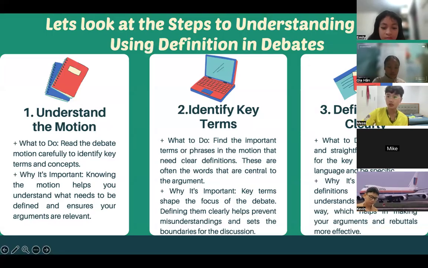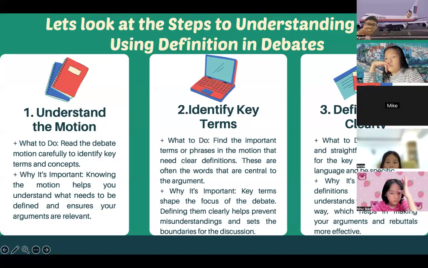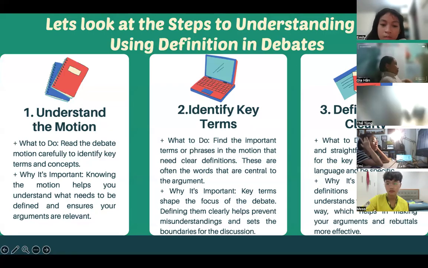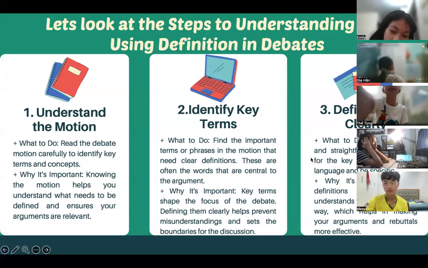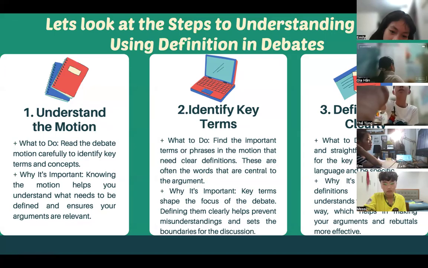Number 2, who wants to read number 2? Thế Tùng, you're quite quiet today. Identify key terms. What to do? Find the important terms or phrases in the motion that need clear definitions. These are often the words that are central to the argument. Why it's important.